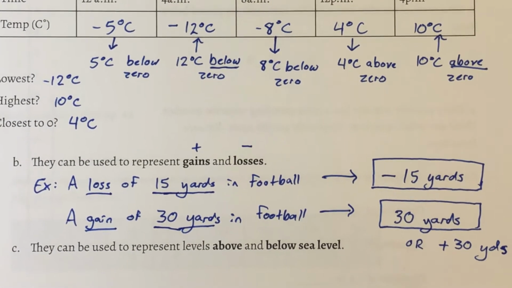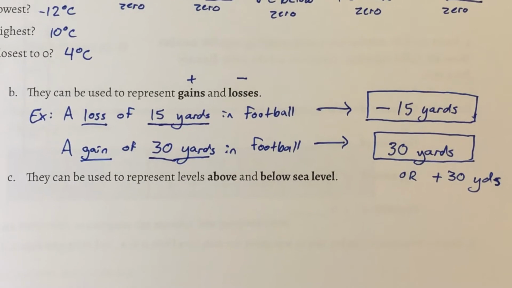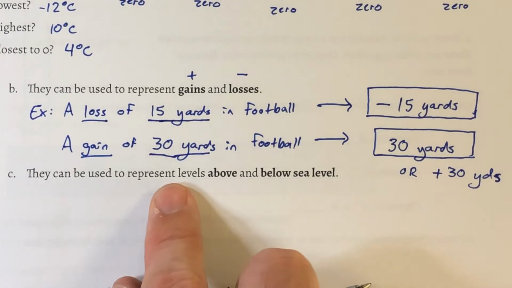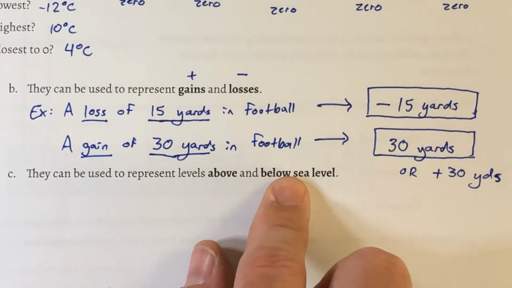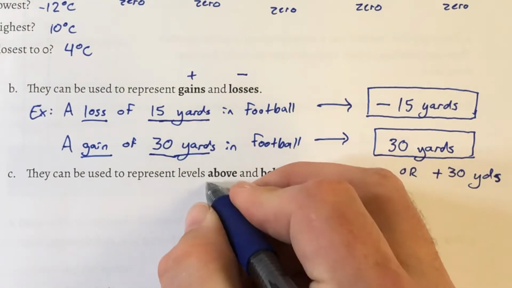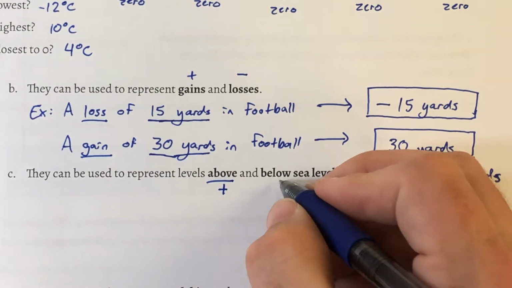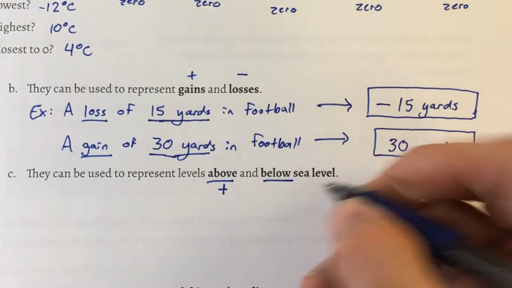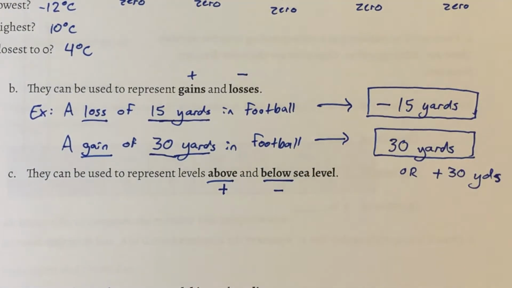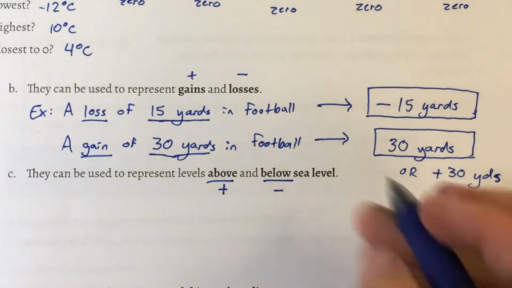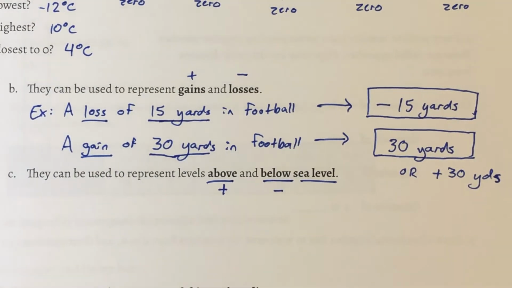Okay, our next use for negative numbers. They can be used to represent levels above and below sea level. So above, just like temperatures, indicates positive numbers. Below sea level indicates negative numbers. Now sea level would be like if you're standing right at the ocean, you're not above the ocean and you're not below the ocean.